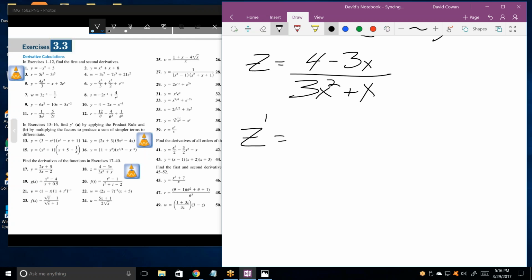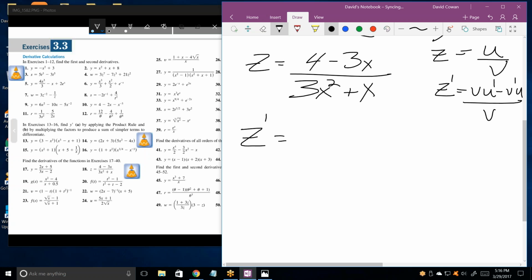Well, give it to me step by step. In other words, if z is u over v, then z prime is v times u prime minus v prime times u all over v squared. So that's what I want you to give me for starters.